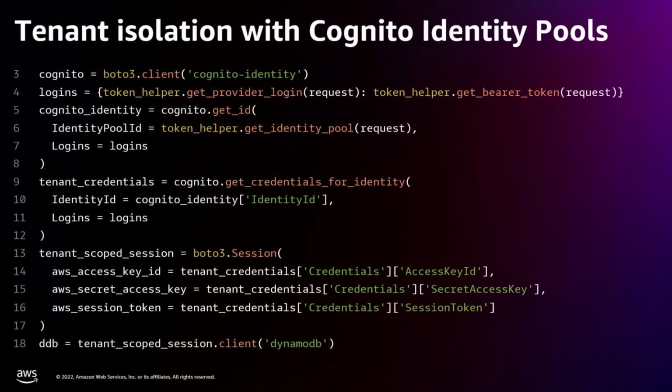And then using that session, we ask for the SDK client that we want. So now this DDB client that I've got here at the bottom of the screen, all of its actions are going to be restricted to whatever permissions are available inside of the set of credentials that I just gave it.